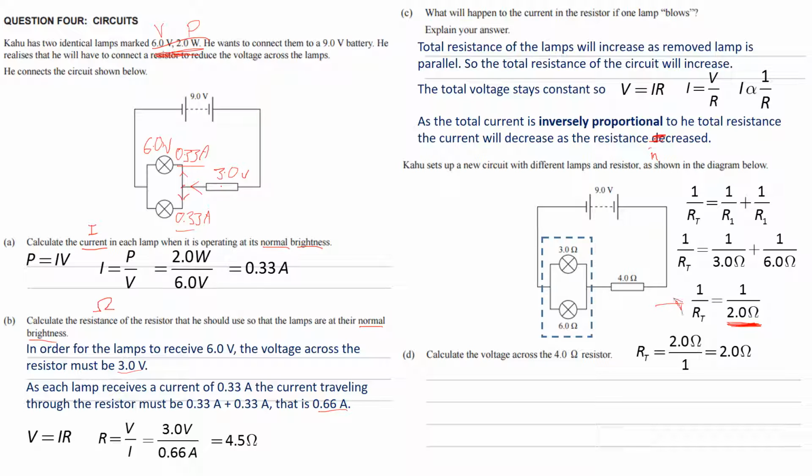They forget that this is actually giving you 1 over RT, and to get the correct answer we actually have to flip or turn the whole equation over the other way. Okay? In essence, what you're doing is whatever the answer is to this, you're dividing it back into 1 again.